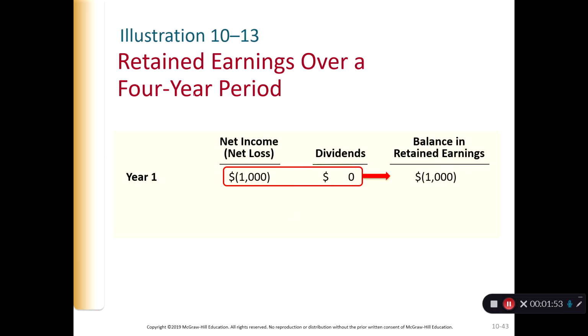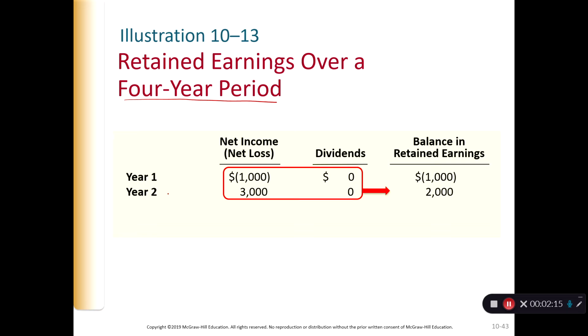Let's see an example of retained earnings over a 4-year company. In year 1, this company had a loss, maybe because they are just starting, right? Hence, there's no way a dividend can be distributed to anyone. So the balance in retained earnings equals net income plus dividend, which is minus $1,000. In year 2, they made $3,000.